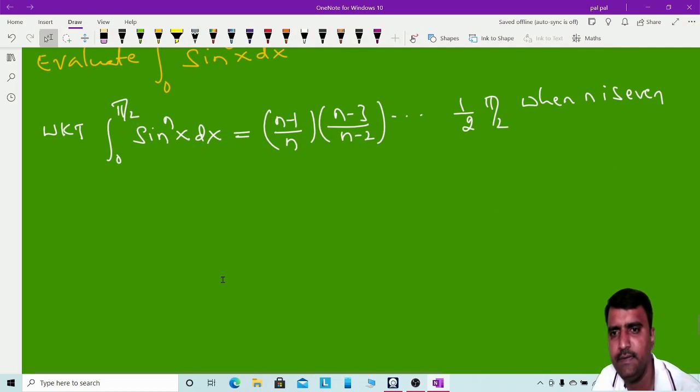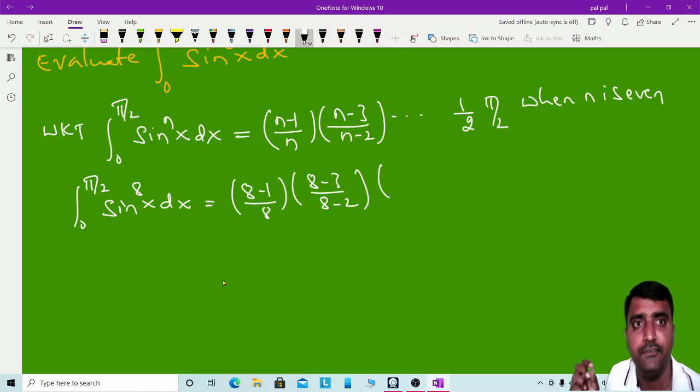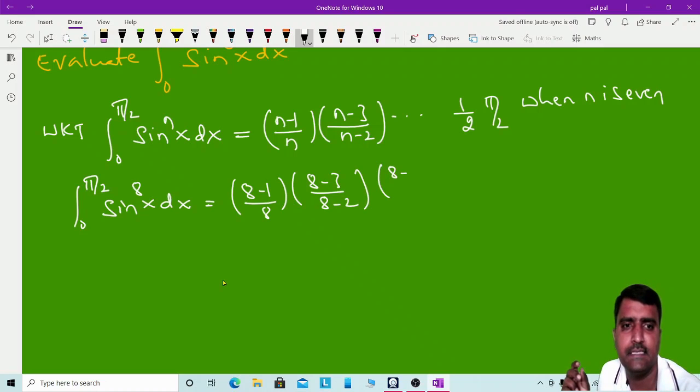So integration from 0 to pi by 2 sine to the power 8x dx is equal to 8 minus 1 by 8 into 8 minus 3 by 8 minus 2, then 8 minus 5 by 8 minus 4, like that it continues. 8 minus 7 by 8 minus 6. 8 minus 7 is 1, 8 minus 6 is 2. This is 1/2 into pi by 2.